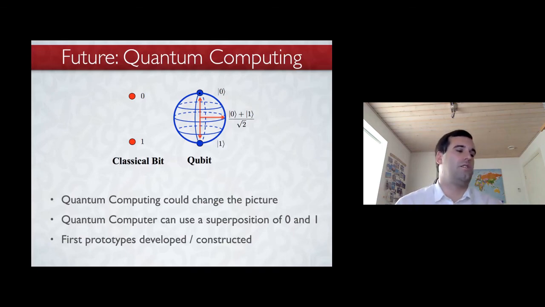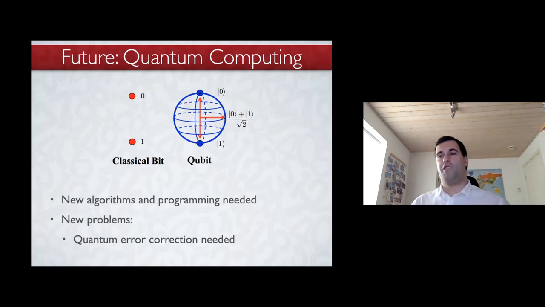And these days, first prototypes and first small scale quantum computers are being constructed and developed. So this might be a new change in the future, but still even more effort is necessary, because new algorithms and programming need to be developed in order to be able to use these quantum computers.